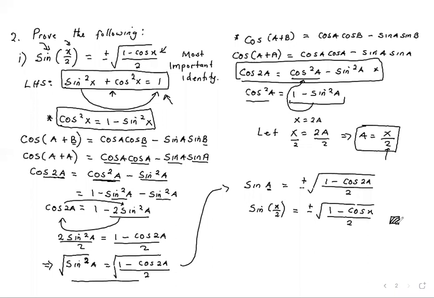Sir, why did you make them cross there? You said this one will cross the other side. Why were they crossing? So we are solving for sine. So we just have to make sine the subject of the formula. You can make it the subject in any way that you like.